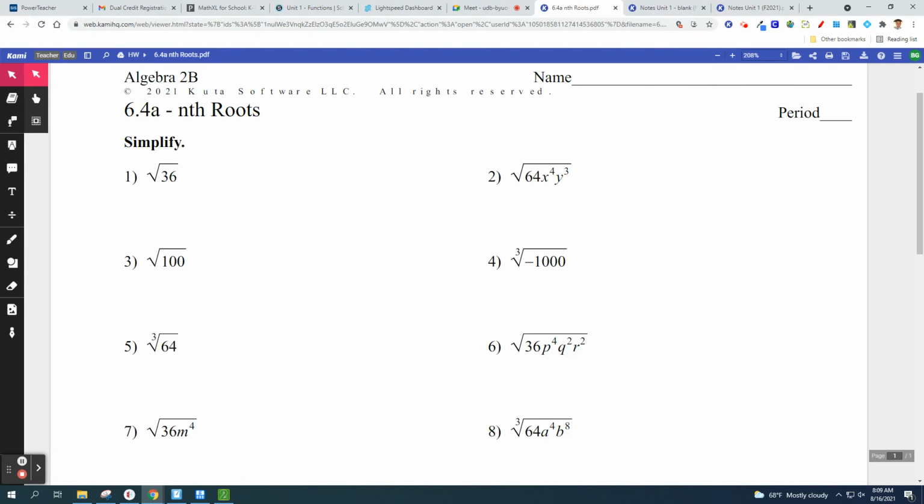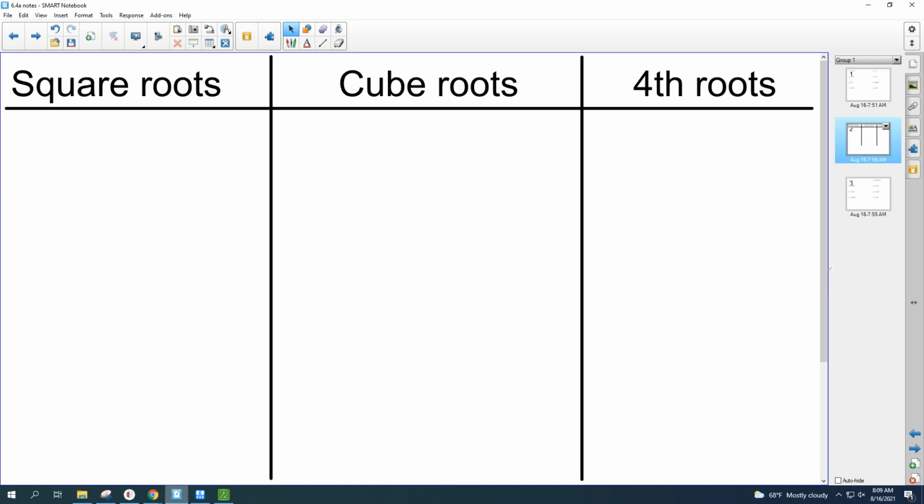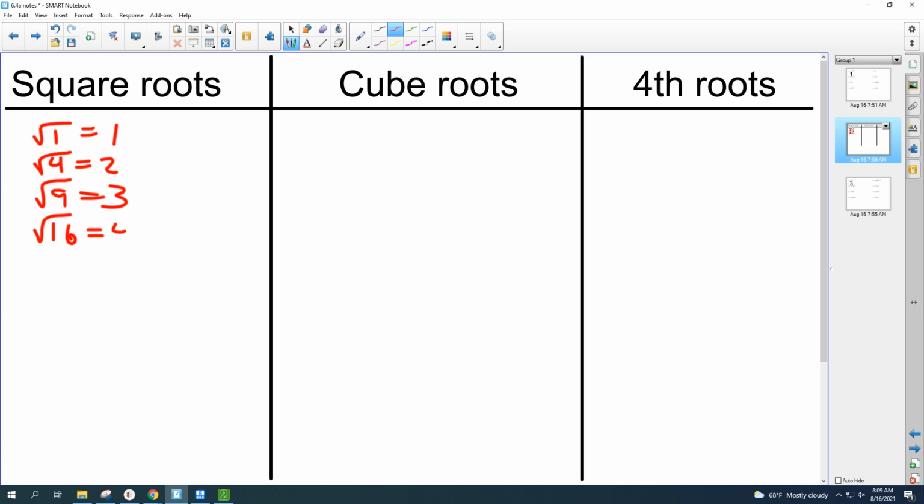6.4a is nth roots, and before we get into these examples, I'm going to show you some other examples. So, some square roots that you should know. You should already know a lot of the square roots. Square root of 1 is 1, square root of 4 is 2, square root of 9 is 3, and so on and so on. List out as many as you know.